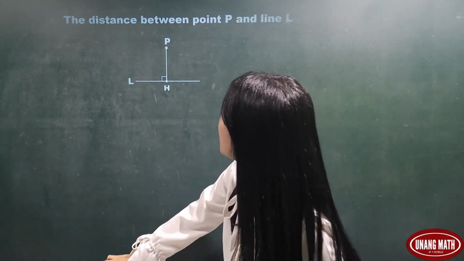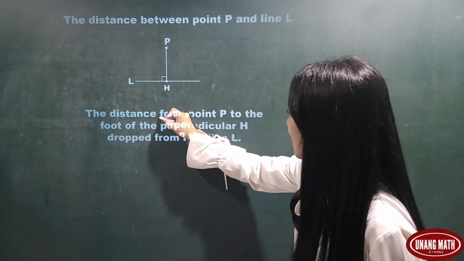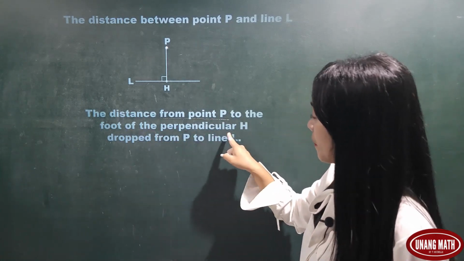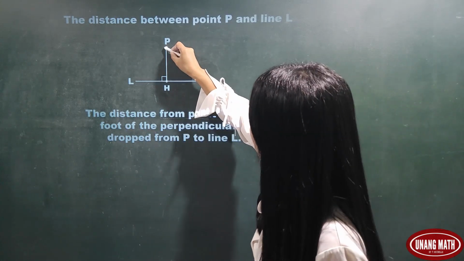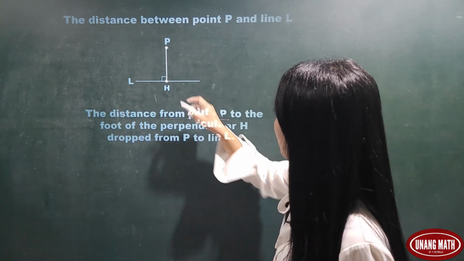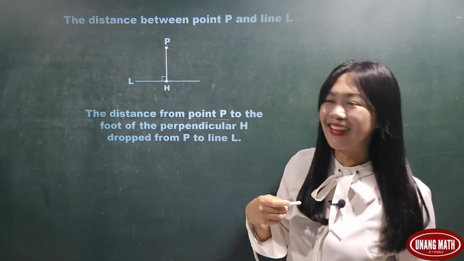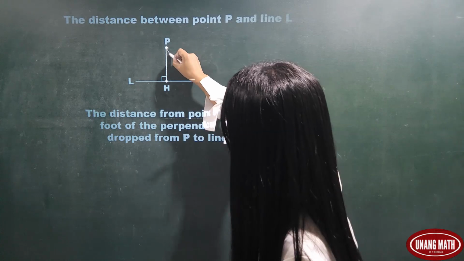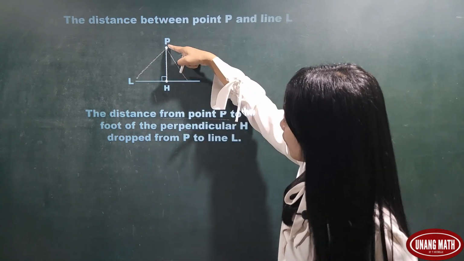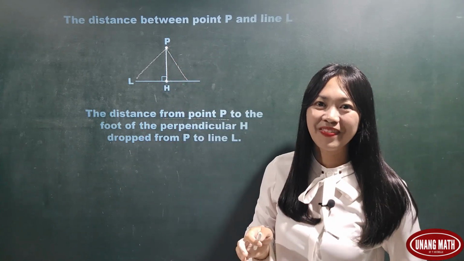The distance between point P and line L is the distance from point P to the foot of the perpendicular H. So this is the distance. This is not the distance, but from point P to the foot of the perpendicular.